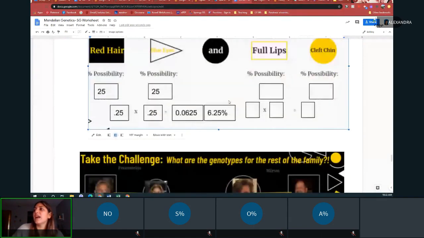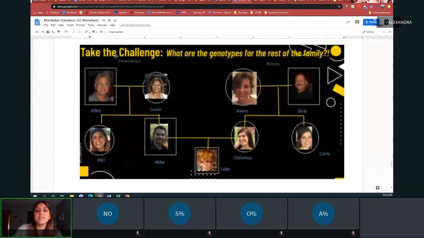Now, the last thing I wanted to say is, if you're having fun with this, because I know I have fun with it, you can start to do a challenge where you break down the genotypes for the rest of the family. So, thinking about Michael, my dad's hair is gray in this picture, but he had a little bit of blonde hair, right?